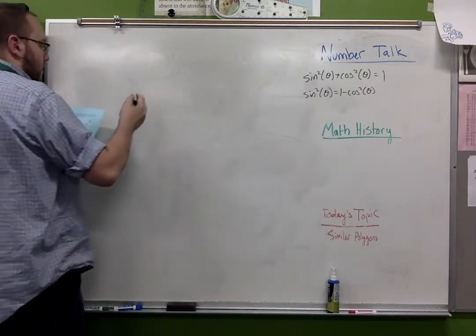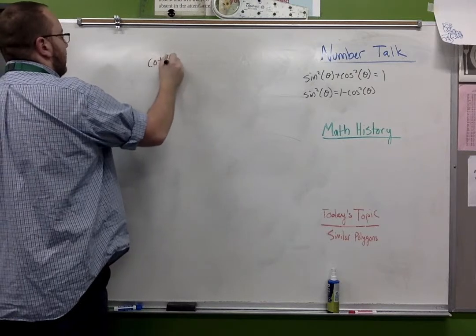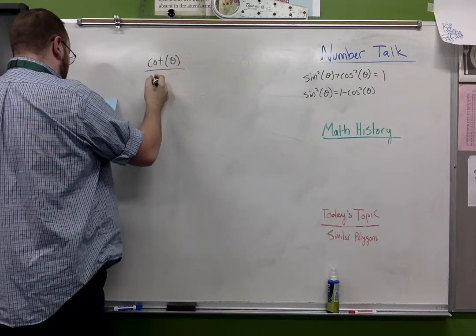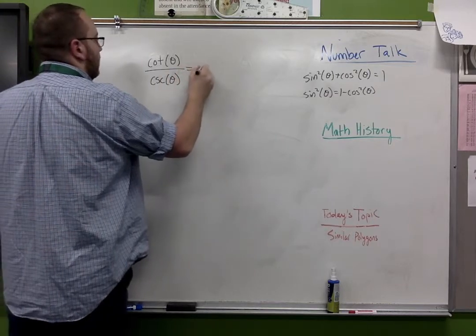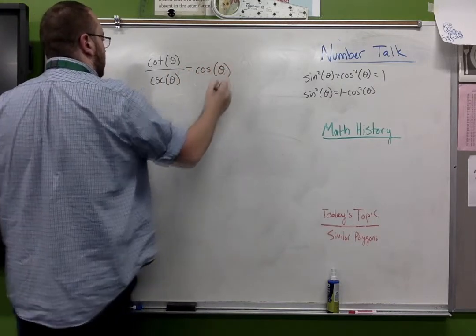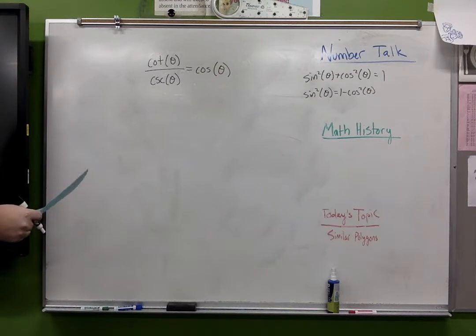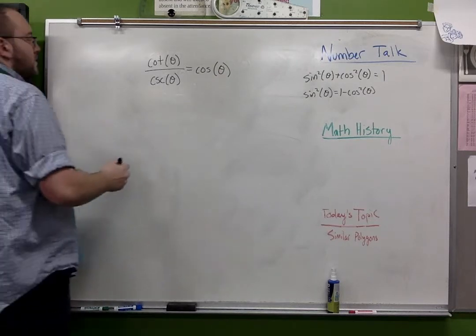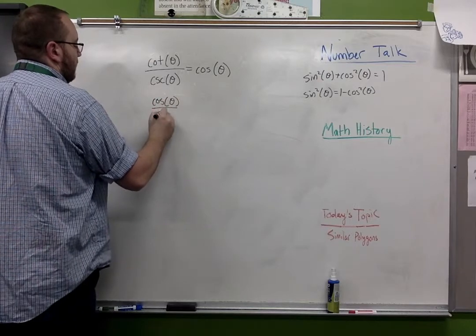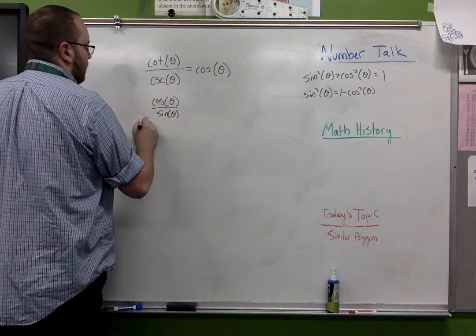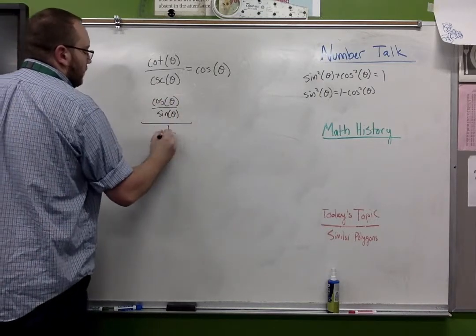Let's do cotangent of theta over cosecant theta is equal to cosine theta. Okay. Well, cotangent is cosine over sine. And cosecant is 1 over sine.